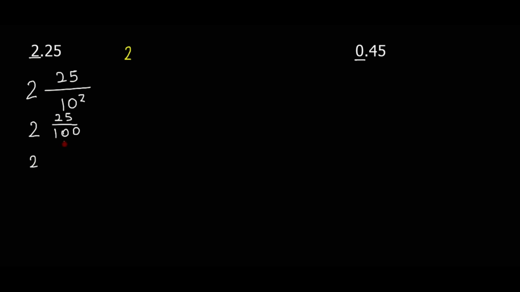So I simplify 25. 25 I can write as 5 times 5, and 100 I can write as 20 times 5, because I want at least to have numbers on top and bottom that cancel. So in this case 5 and 5 cancel.